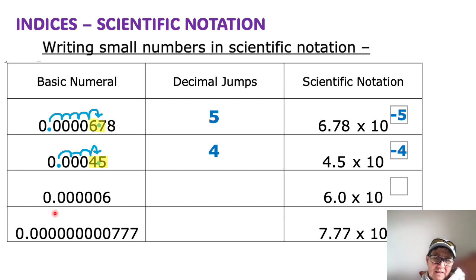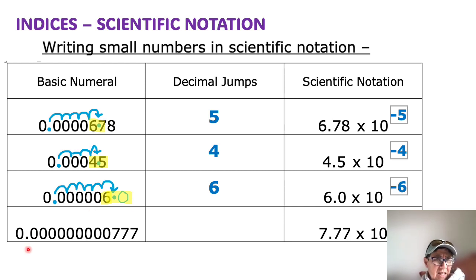Decimal place is here. I want it here, but wait on. There's one number. I don't have another number, so I'll draw in a 0. So I want it between 6 and 0. How many jumps? 1, 2, 3, 4, 5, 6 jumps. And I went the wrong way, so it's 10 to the negative 6.